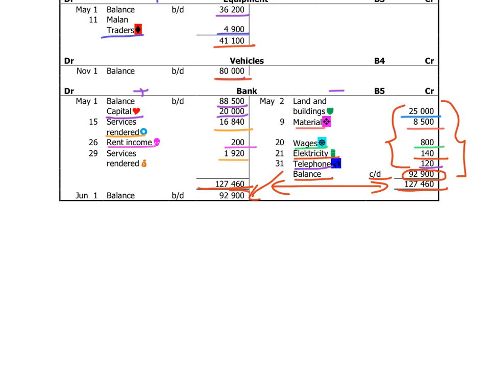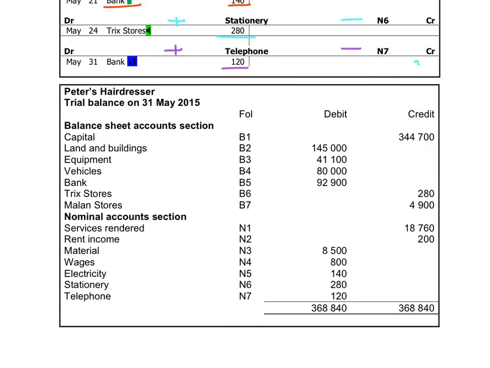Because the balance was brought down on the debit side, we will record this balance on the debit side of the trial balance. If we look at the trial balance, we see that capital balance was on the credit side. So the amount on the credit side of your capital account will appear on the credit side of the trial balance.